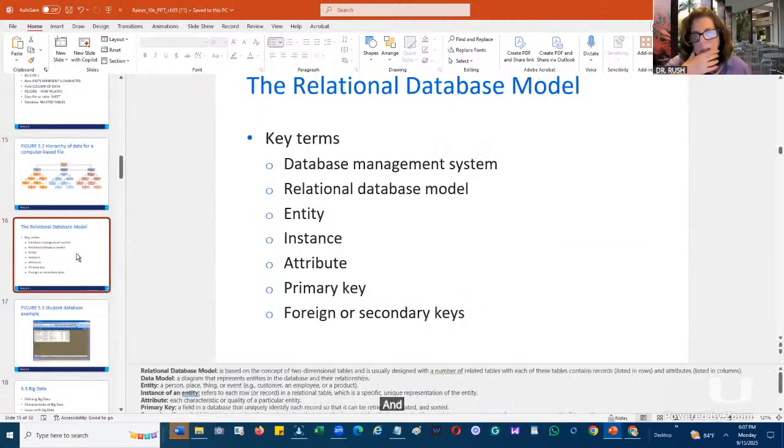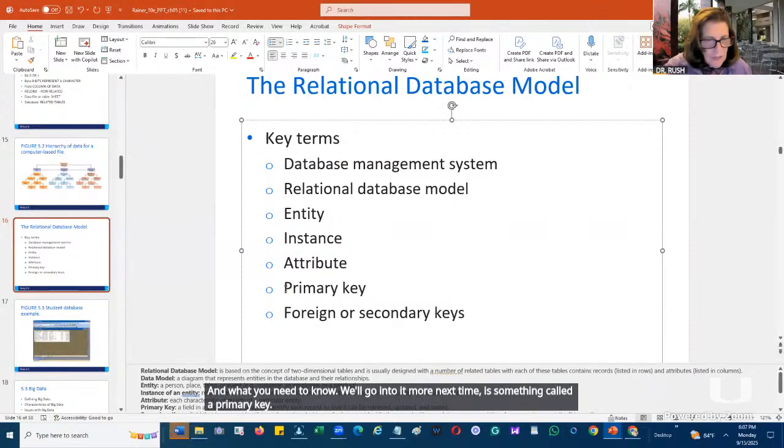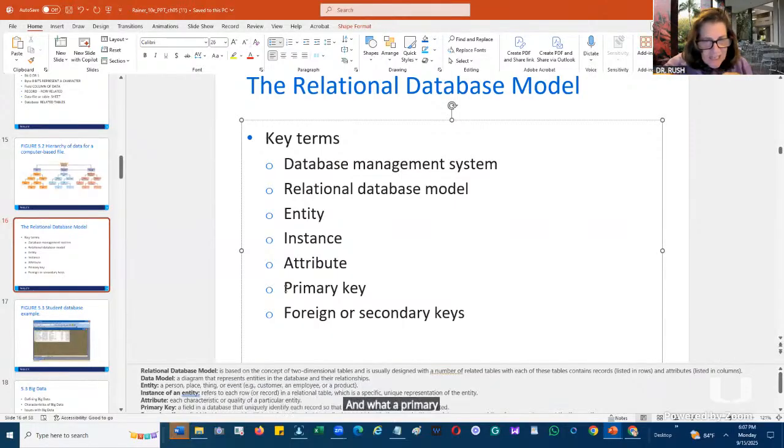What you need to know, and we'll go into it more next time, is something called a primary key, which is a field that can identify a record.